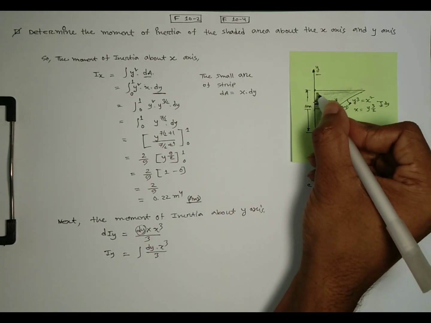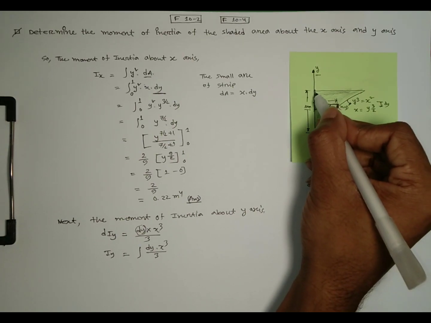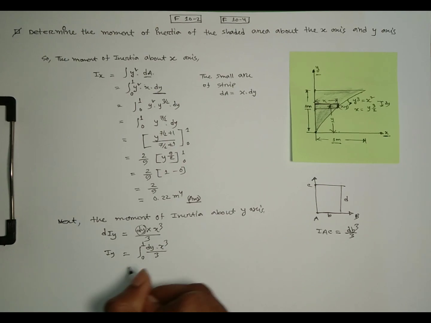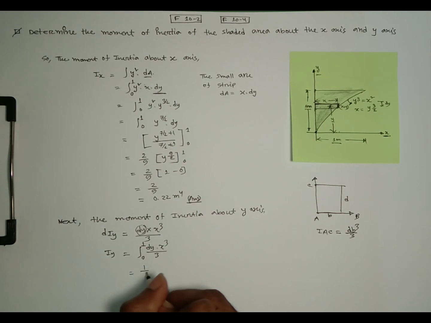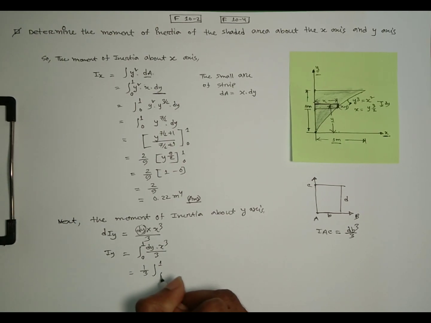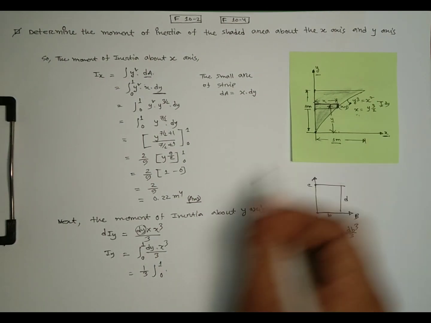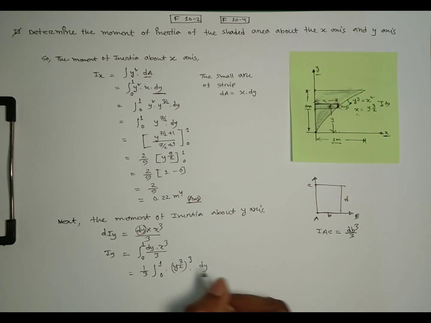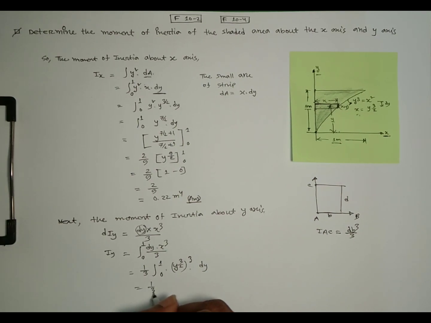So the limits on this y-axis, upper is 1 and lower is 0. So this will be 1 and 0. One by 3, from 0 to 1, x cubed, and from here we can write x as y to the power 3 by 2, cubed, into dy. One by 3, from 0 to 1, y to the power 9 by 2 dy.